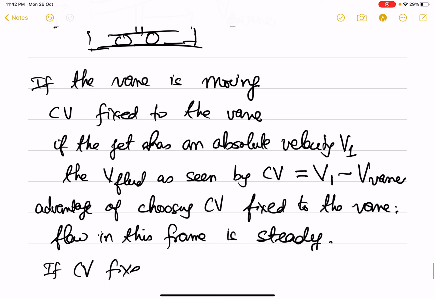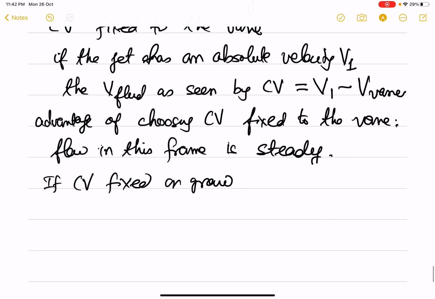If the control volume is fixed on the ground, and this is the vane, let's say I want to include the vane for all time in the control volume.